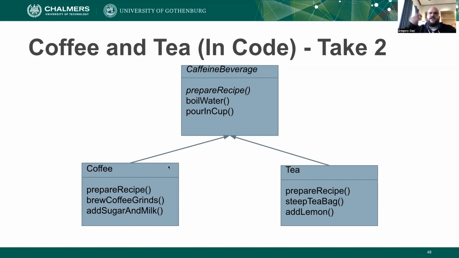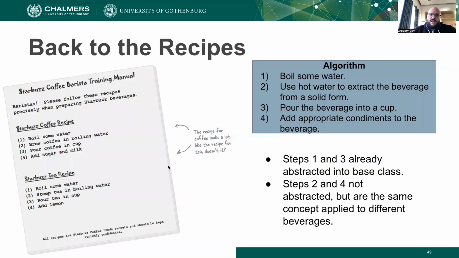Maybe there's some other ways that coffee and tea are similar that we can take advantage of. So what else do coffee and tea have in common? Well, let's look at their recipes again. Both recipes follow essentially the same algorithm. Boil some water, use the hot water we boiled to extract the beverage from a solid form, from our tea leaves or from our coffee grounds, pour it into the cup, add some kind of appropriate condiment.